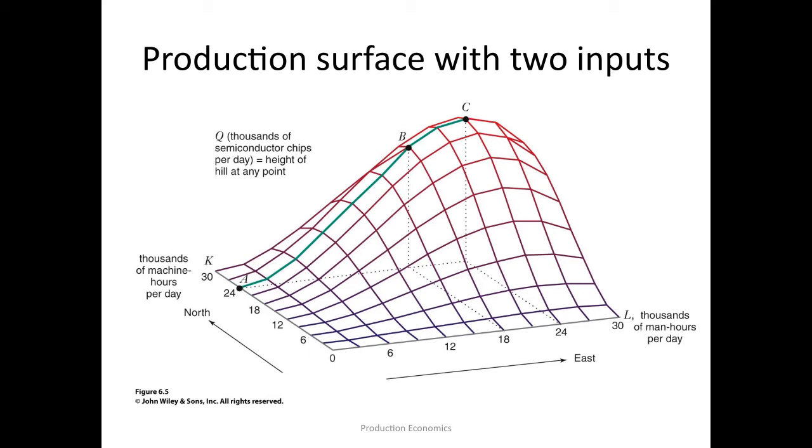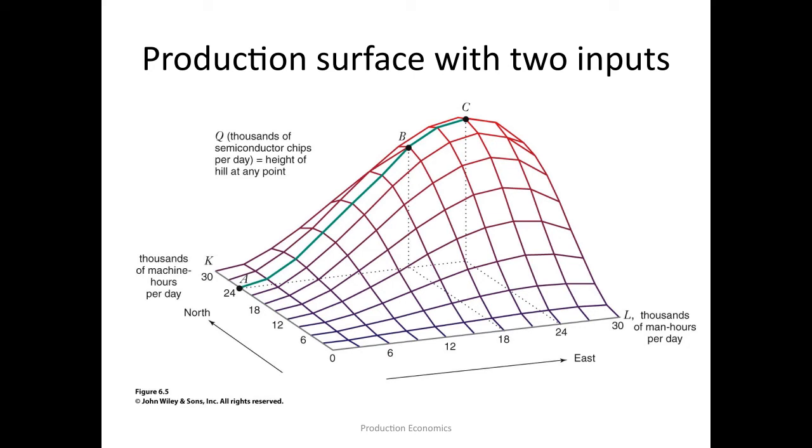So if we increased our level of labor to 18 units, we would move along the green line that's illustrated in the figure up to point B. And the height of point B tells us how much is produced. If we further increased labor to 24 units, we would then move to point C of the production surface, where again the height at point C tells us how much output is going to be produced.